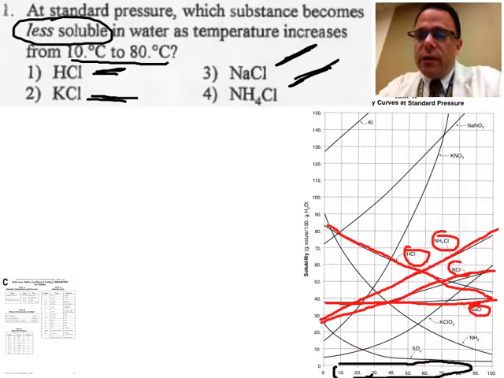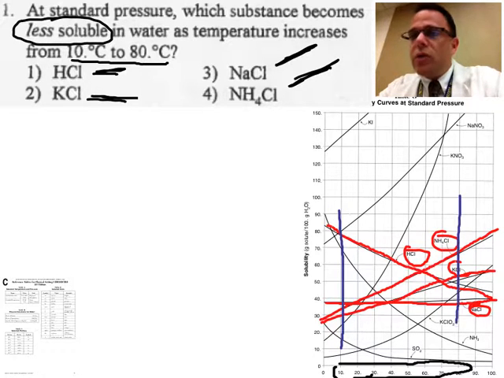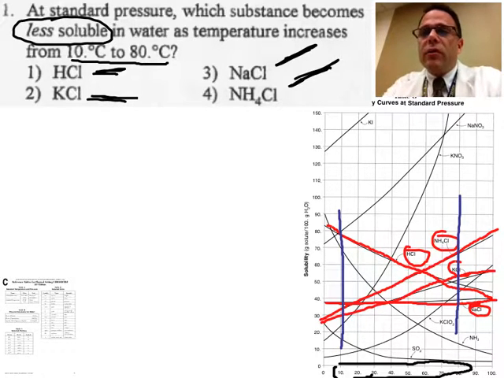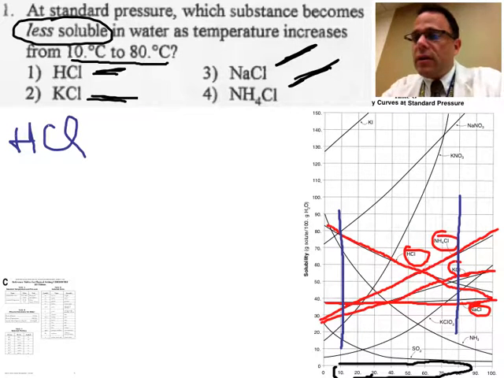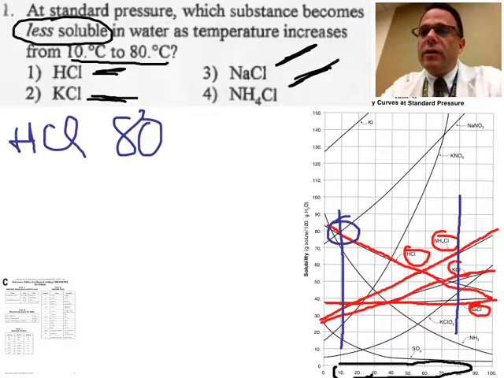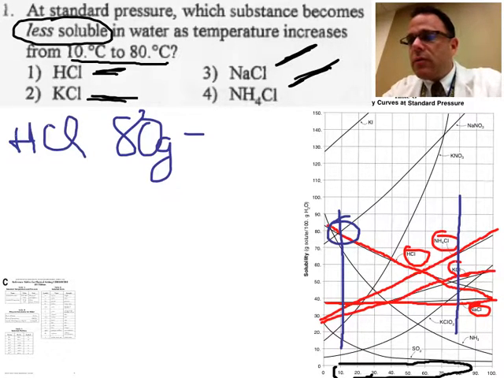So between 10 degrees and 80 degrees, which one is changing the least? For HCl, it is going from right there, which is 80 grams, all the way to right over here, roughly 50.